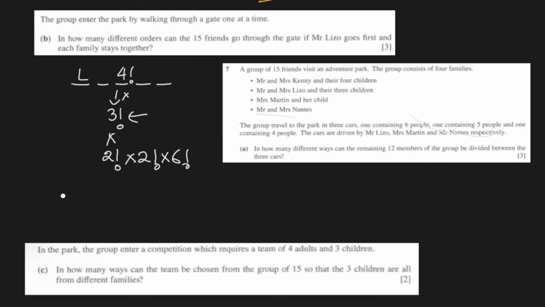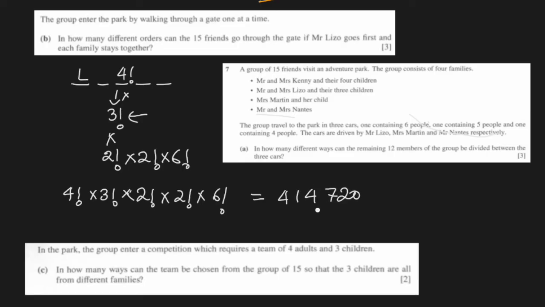So our number of orders possible are 4 factorial times 3 factorial times 2 factorial times 2 factorial times 6 factorial, which will be 414,720 orders. Okay. Let's go to the next one.